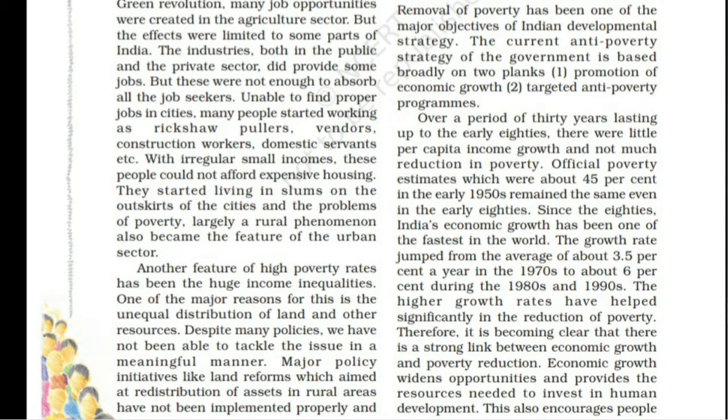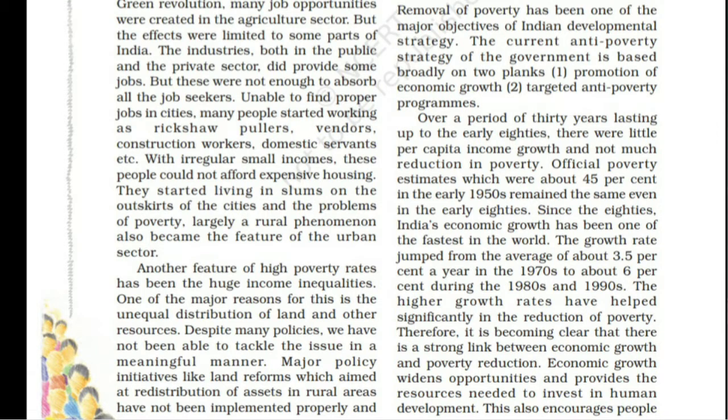So what happened here? The redistribution of assets in rural areas has not been implemented properly and effectively by most of the state governments. Redistribution of assets or land in rural areas has not been implemented properly in many state governments of India.